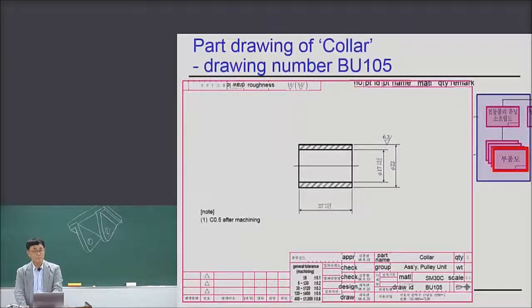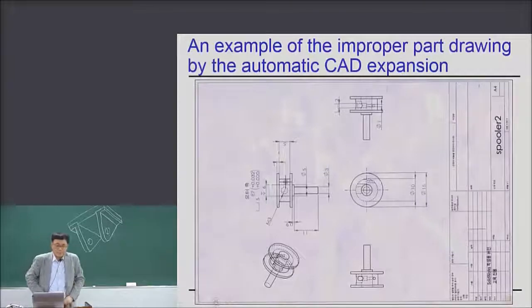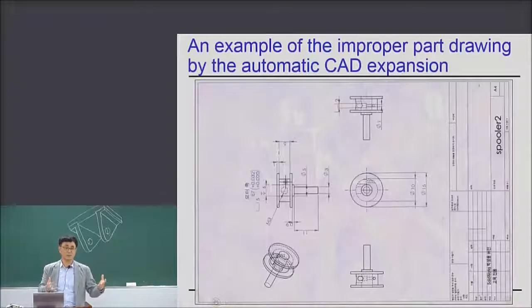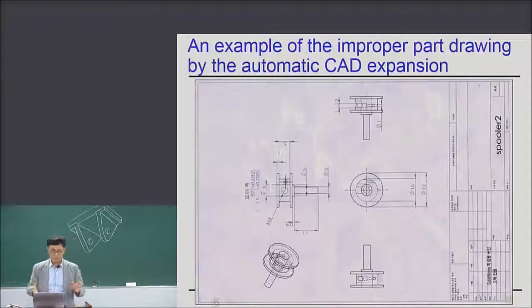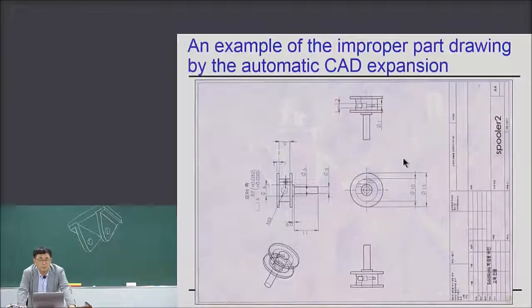Okay, now I must tell you that even if I lecture all the principles for making product drawings, a few years ago I was very, very disappointed with a part drawing made by one of the graduate students in my department.